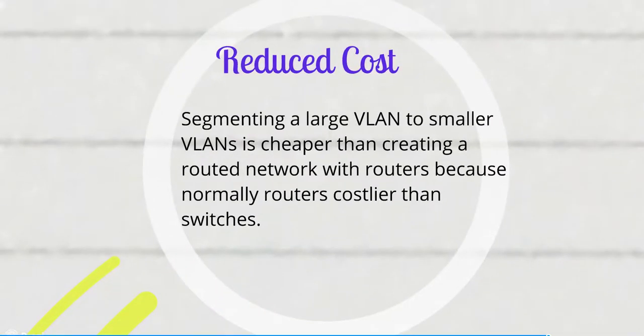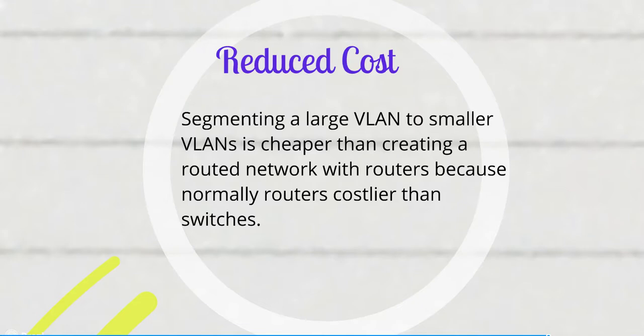Segmenting a large VLAN to smaller VLANs is cheaper than creating a routed network with routers, because normally routers are costlier than switches. So we can apply VLAN in managed switches, which are basically cheaper compared to routers.